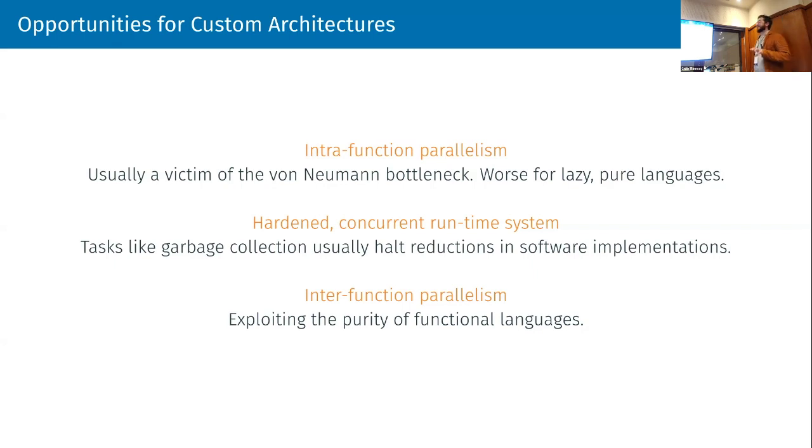The 3 real opportunities we see when we're thinking about making custom architectures for graph reduction is, one, there's some sorts of parallelism that kind of exist within a single function. So there's not really much in terms of data dependencies between the different things we were moving about in our example. So if we can come up with some nicer memory structure, maybe we can exploit that a little bit better.